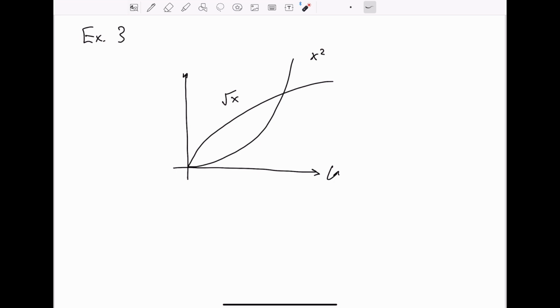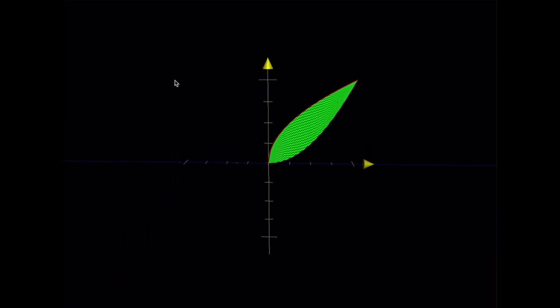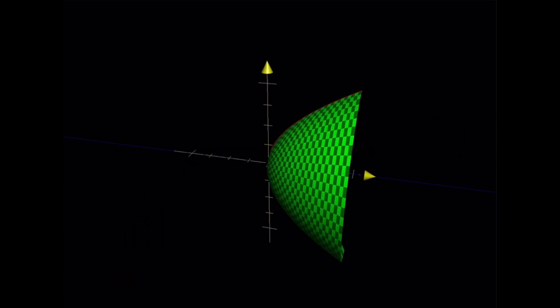I have trouble visualizing this in 2 dimensions, so let's take a look at a 3-dimensional plot. So here we have our 2-dimensional region bounded by the curves x squared and square root of x, and this is the bounded region. We will take that leaf shape and rotate it around the x-axis. The shape that we get, the solid, looks something like this.